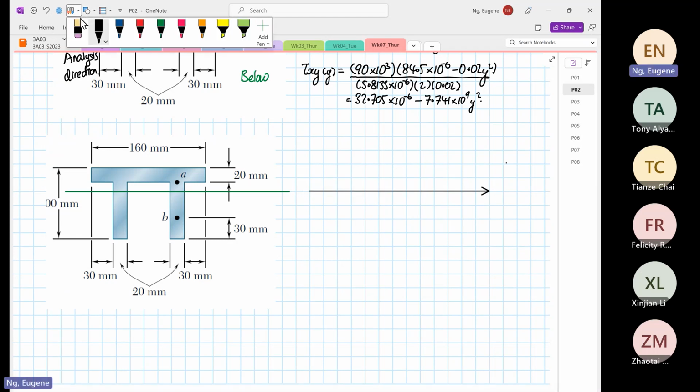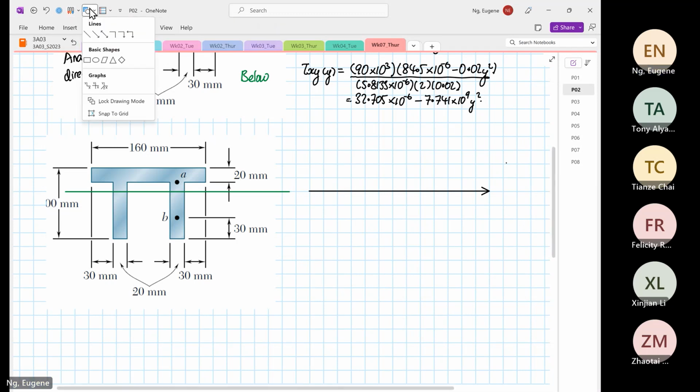Then I'm going to draw our axis over here, and then our y-axis.